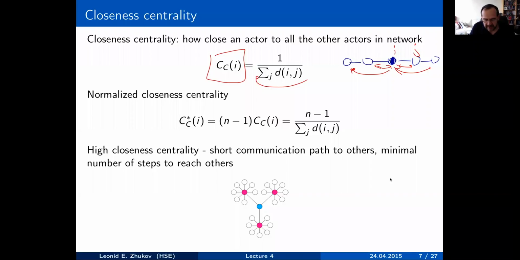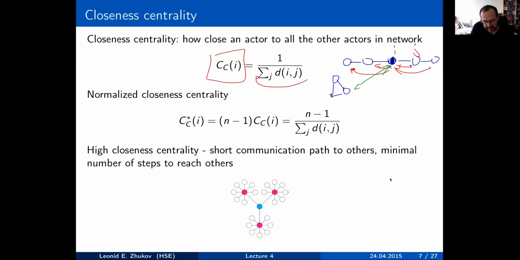In practice, it's a good idea to either check if the graph is connected before running the closeness centrality computations, or make sure that the function that computes the closeness centrality in fact does that for you. Because if the graph is disconnected, and there is a node, say here, in another piece of the graph, and we try to calculate this distance, well, the distance is infinite, and it really depends on the way your program handles that.